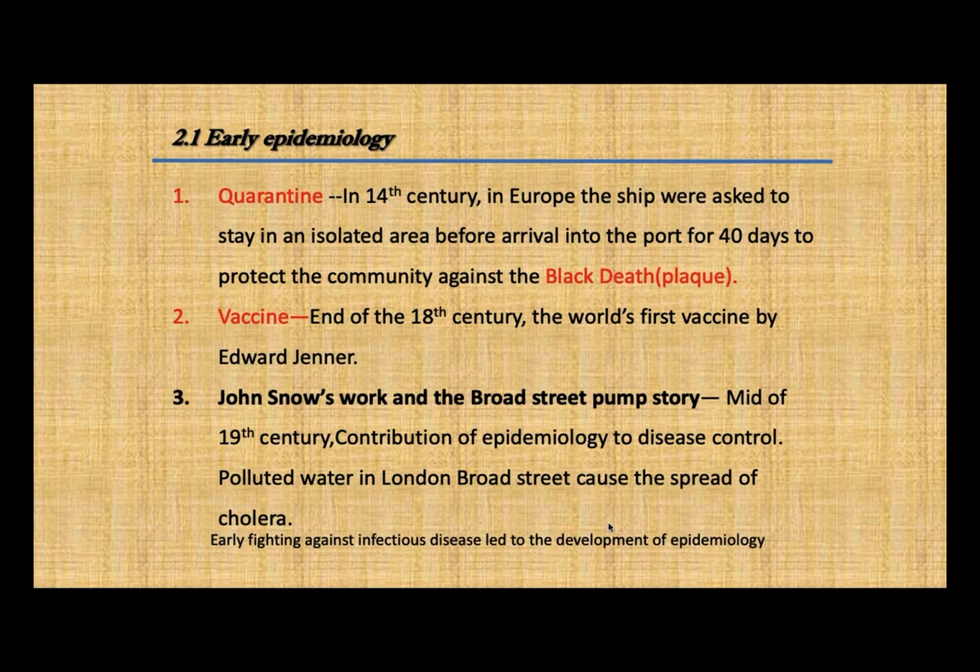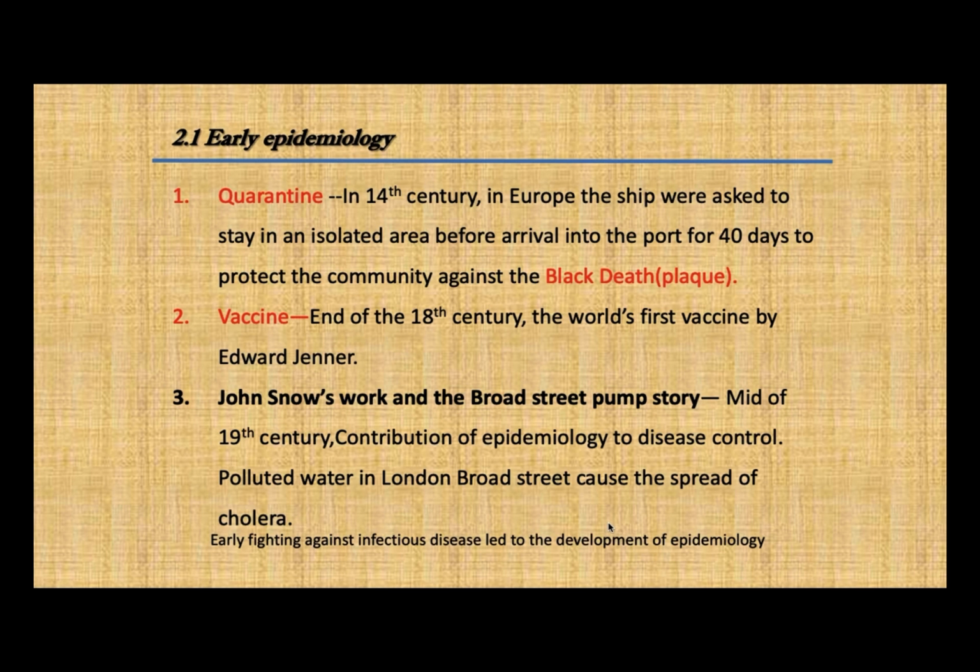The first event is quarantine. Even though microorganisms were not identified until the 19th century, people found that disease might be infectious and can spread from person to person or from animal to person.